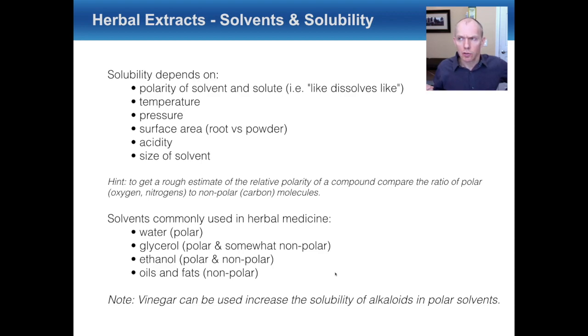If you're trying to dissolve a resin that's made of non-polar terpenoids, water is not the best solvent for it. Okay? So how well that desired compound dissolves is going to depend on the polarity of it and the polarity of the solvent. Also, the higher the temperature, the better it is as a solvent.